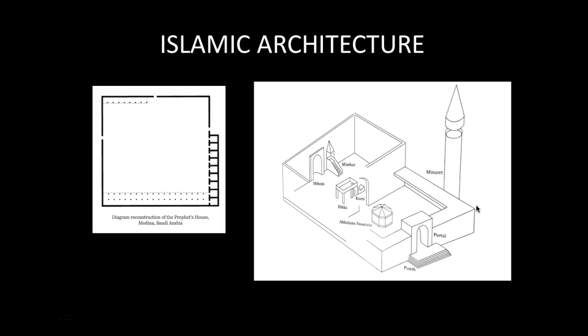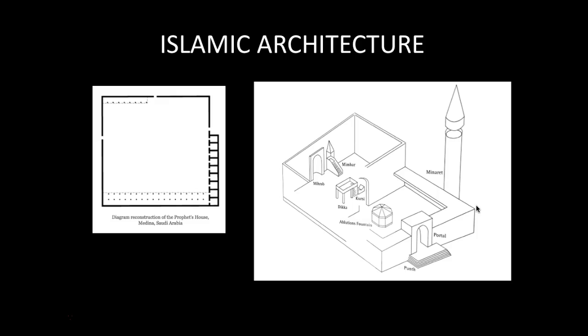Okay, so for Islamic architecture, here is kind of the basic outline. Mosques are used for both worship in a form of personal prayer, but they also become centers for learning. It's not uncommon after a prayer session to have someone speak about a particular topic. So mosque architecture is based on the original place of Islamic learning, and that was Muhammad's house, his home.